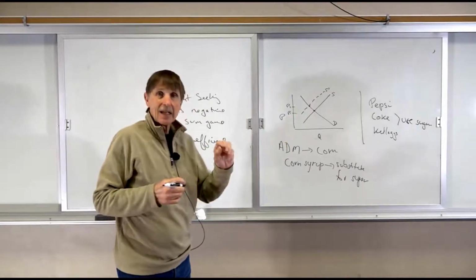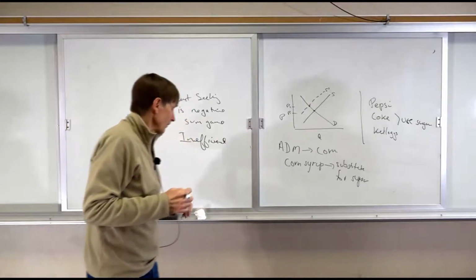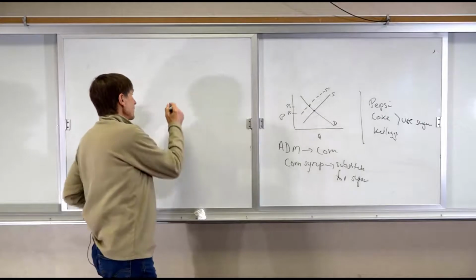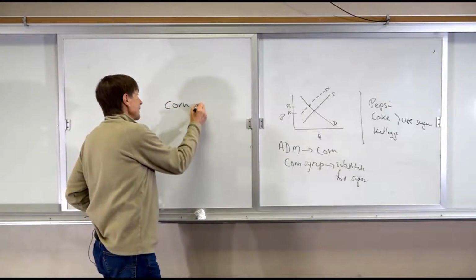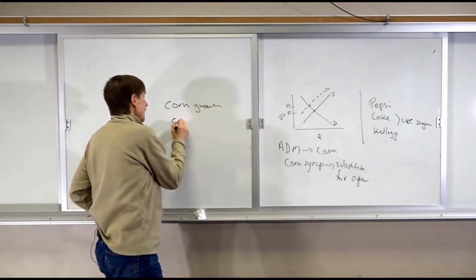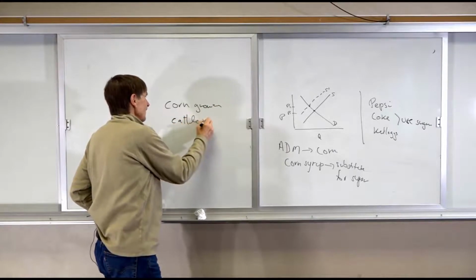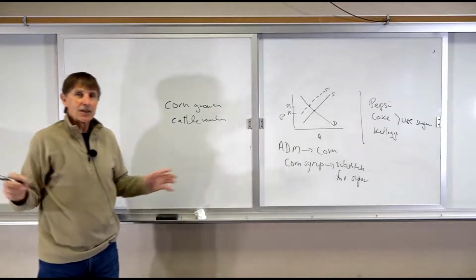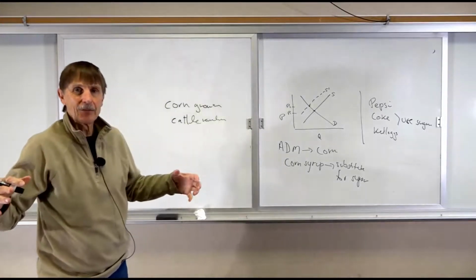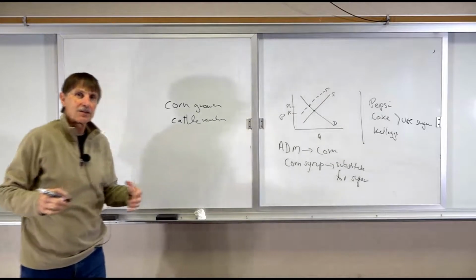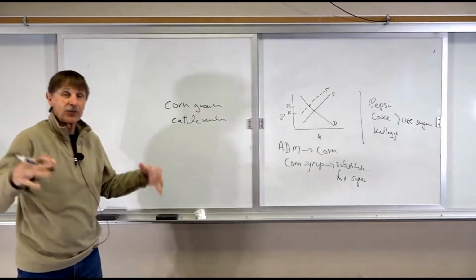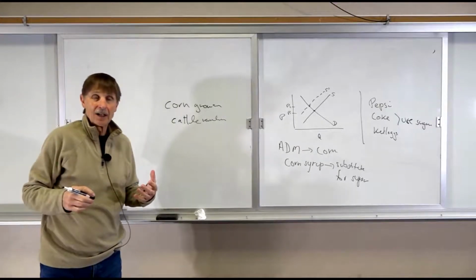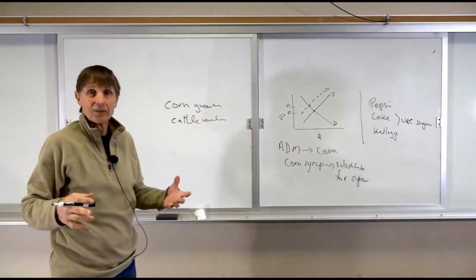That's fine for your corn growers, but what happens if within the National Farm Bureau you not only have corn growers, but you have cattle ranchers? When they take the cattle into the feedlot before they get sent off to the slaughterhouse, what are they feeding them? They're feeding them corn. Or if you have dairy cattle, what do you feed them? You feed them corn.